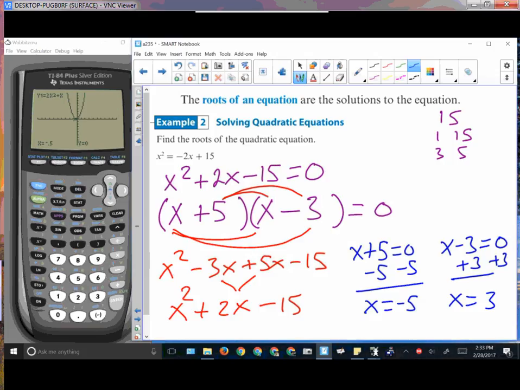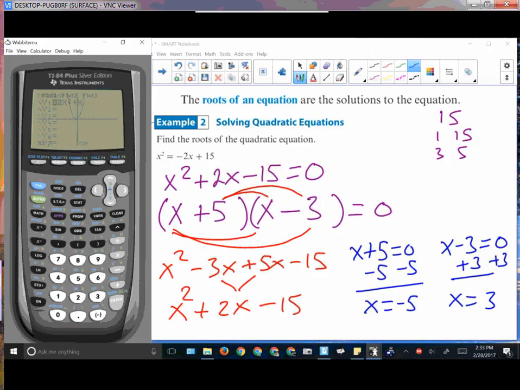So I'm going to graph this again and see if this actually works out. So I graph the equation. I've got x squared plus 2x minus 15. Graph. Okay? So I can graph the equation. It gives me all the possible values depending upon what x is. I want to know where this is 0.